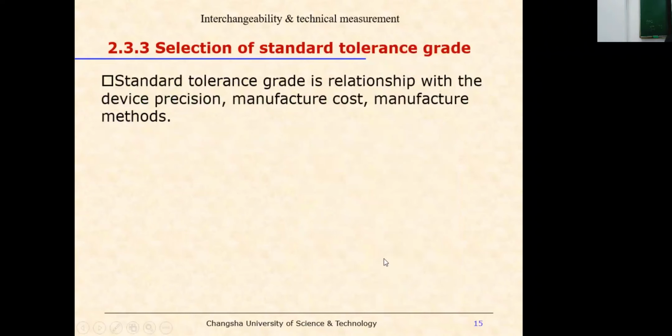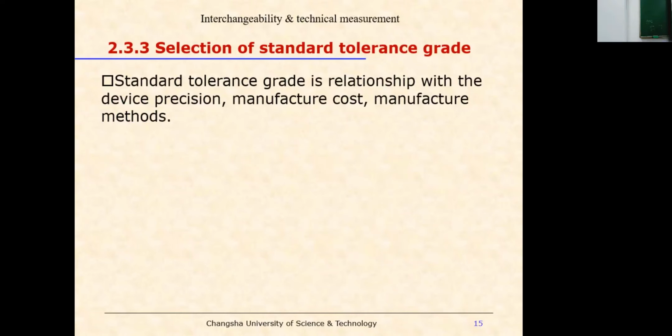Standard tolerance. How do we select the standard tolerance grade? The first step is to choose the fit type: interference, clearance, or transition. For clearance, there's rotation or moving very quickly, so we choose clearance.